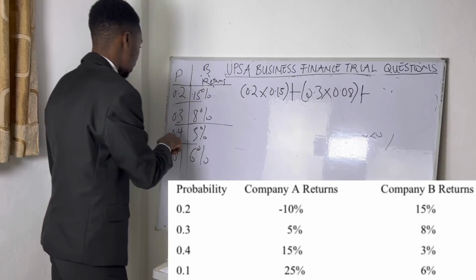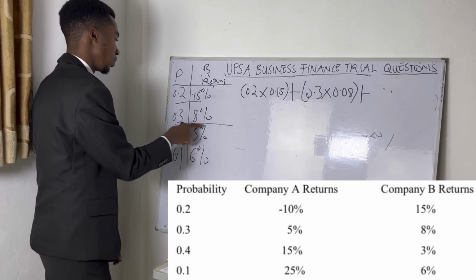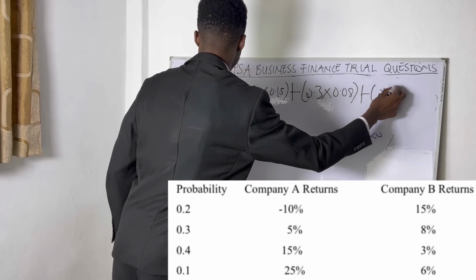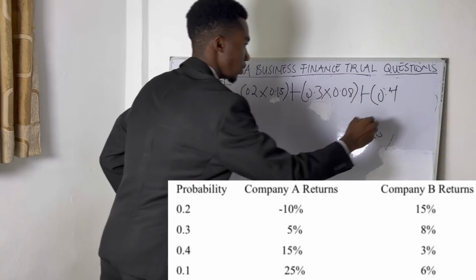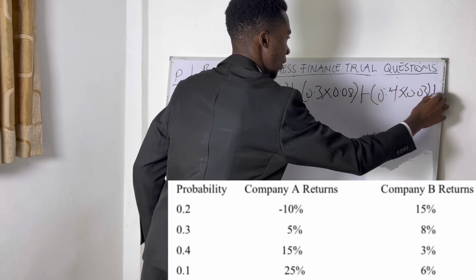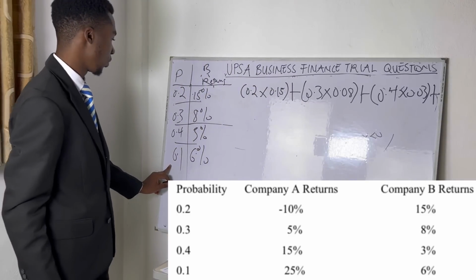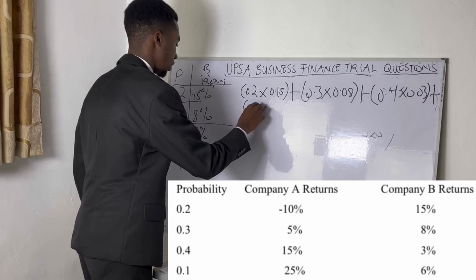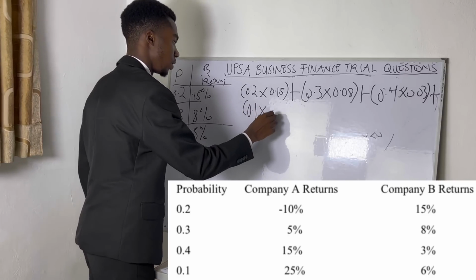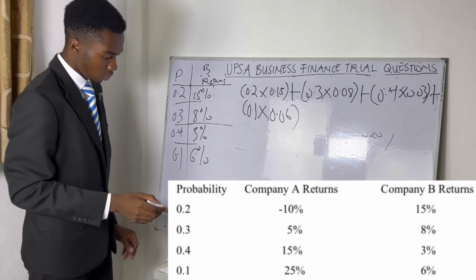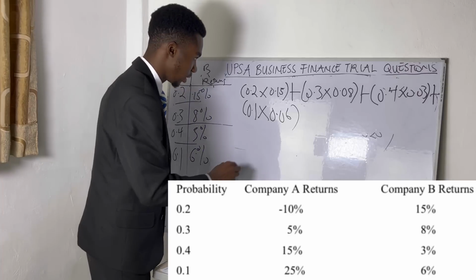Then plus 0.4 times 3%, which becomes 0.03. Then plus the last one, 0.1 times 6%, so 6 over 100 gives you 0.06. Then punch all this on the calculator. When you do that, you get 0.072.